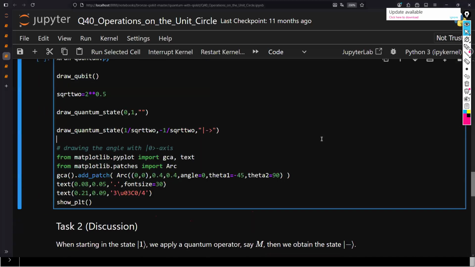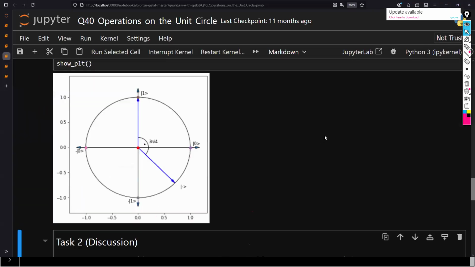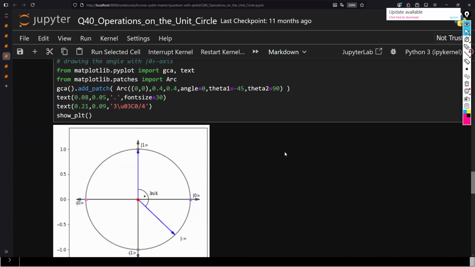What's the next scenario? Now again, we see a state 1 and state minus. Also recall that a minus state is obtained through a Hadamard gate, but from a state 1.